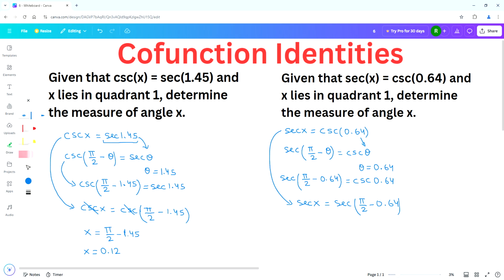We can cancel out the secant ratio on both sides. We can evaluate this expression. I get 0.93. This should be the final answer for the second problem.